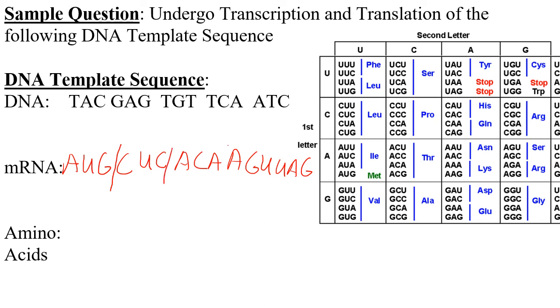There we go. Every 3 letters. Now translation from mRNA to amino acids. mRNA to protein.